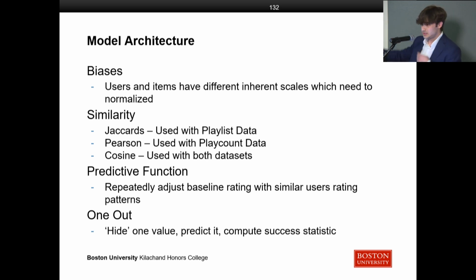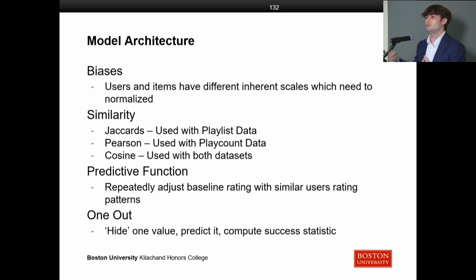Okay, this is the whole model spelled out, so to speak. In order to build these models properly, there are a lot of smaller models that you have to build up and combine into one large model. The first thing you have to do is correct for biases. For example, if I rate things on a scale of 3 to 7, meaning 7 is something I love, and I never use a 10, it's too high, and 3 is something I hate and I don't bother going down to 1, and then some other arbitrary user uses 1 to 10, their 10 and my 7 are effectively the same rating.